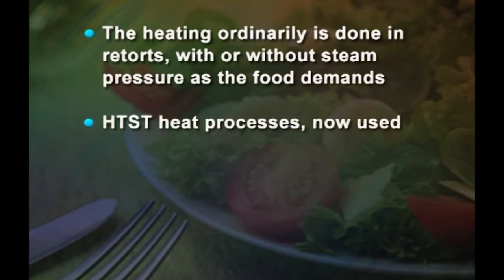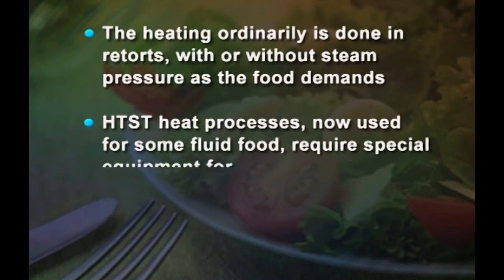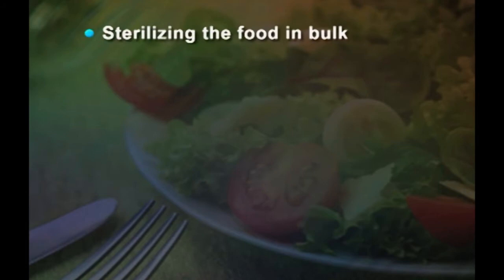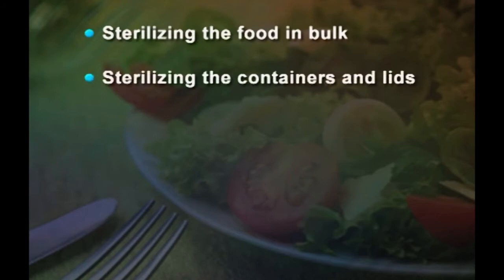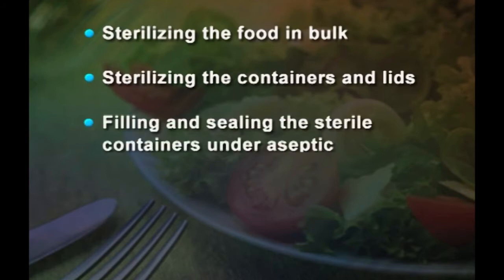HTST heat processes now used for some fluid foods require special equipment for sterilizing the food in bulk, sterilizing the containers and lids, and filling and sealing the sterile containers under aseptic conditions.